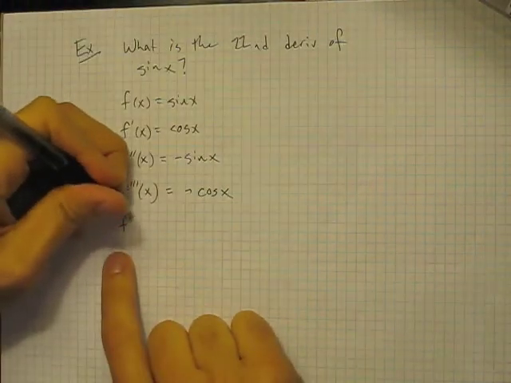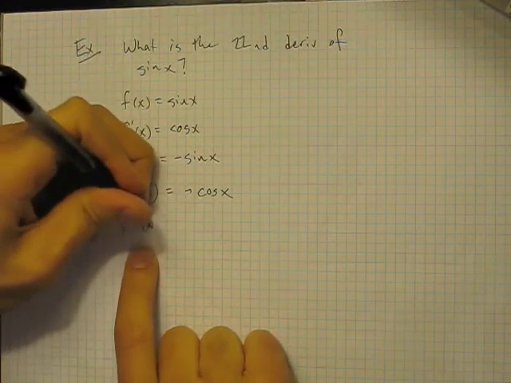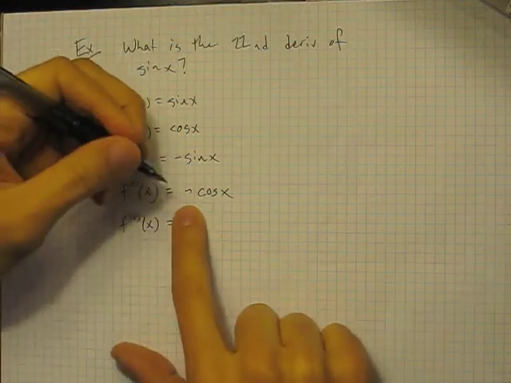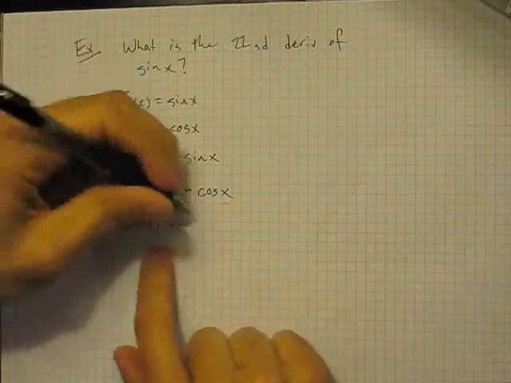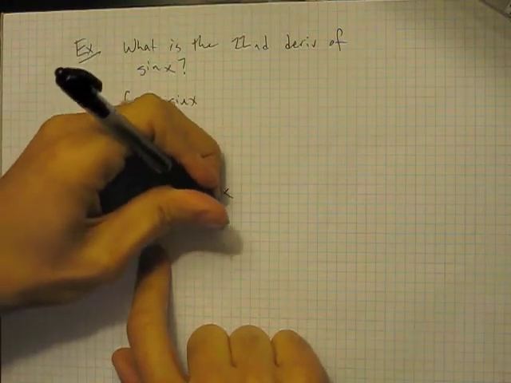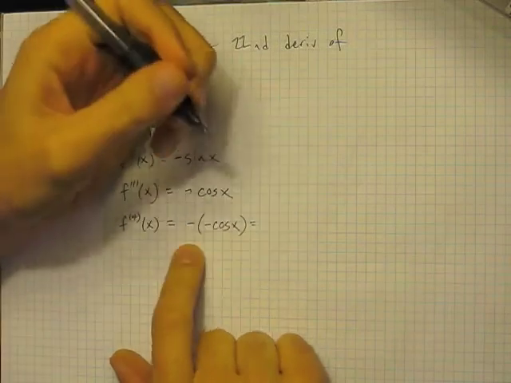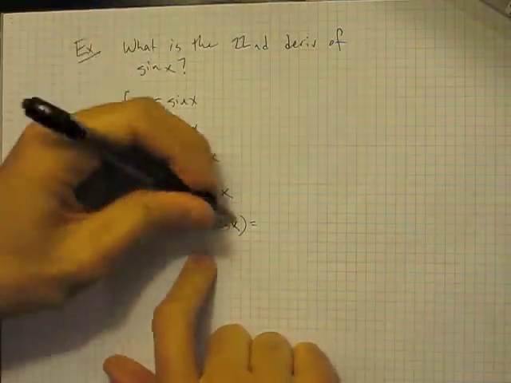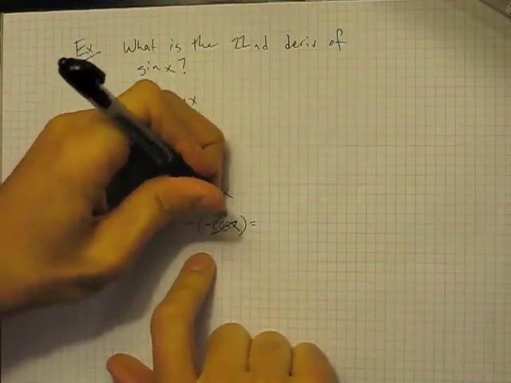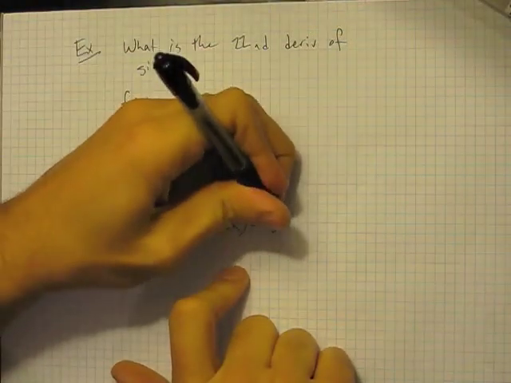And then the fourth derivative will be minus times the derivative of cosine, which is minus minus sine, which is sine of x.